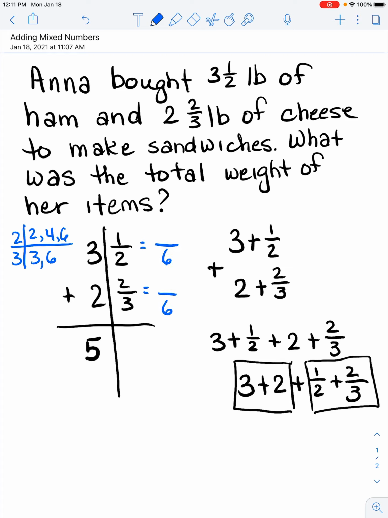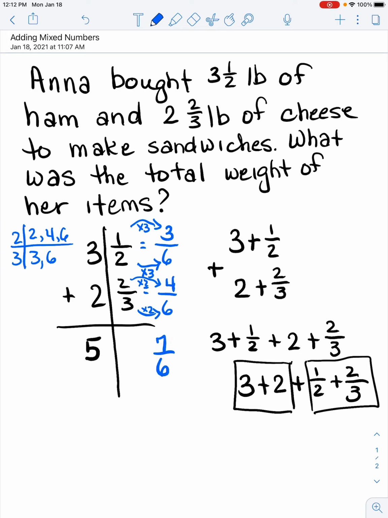Okay, so 2 times what is going to give me 6? 2 times 3. So I have to multiply this by 3, and I get 3 sixths. And down here, 3 times 2 is 6, and 2 times 2 is 4. So I'm going to be adding 3 sixths plus 4 sixths, and I get 7 sixths.